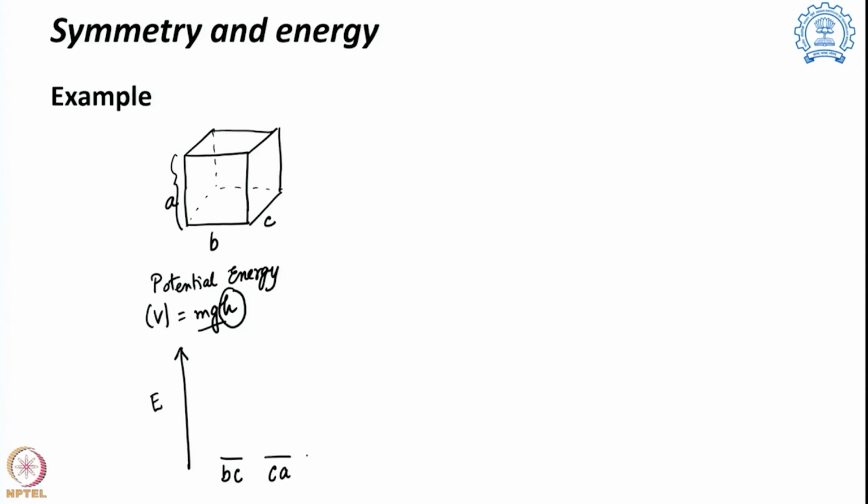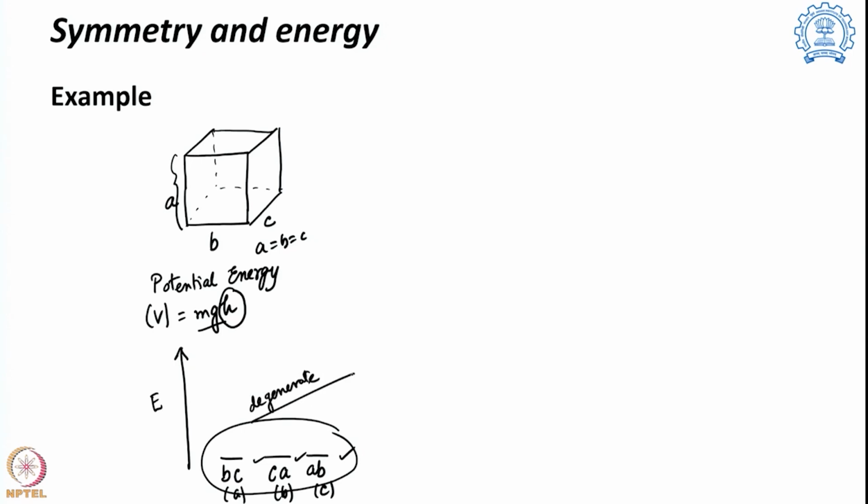Same thing for the AB face, the system will have the energy for height C. So the heights will be A, B and C, and because in this case A equals B equals C, all these energies will be the same, or in other words, they will remain degenerate.